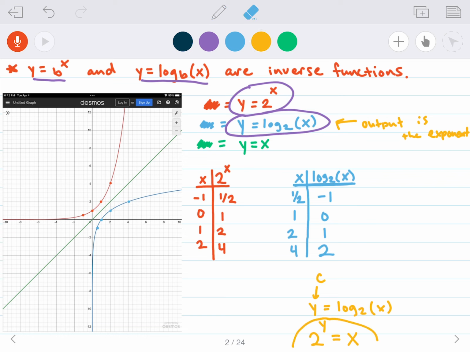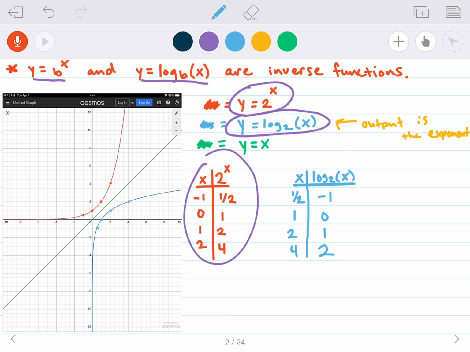All right, so let's look at a couple of ordered pairs on both of these graphs. If we consider the points where x is equal to -1, 0, 1, and 2, we input these x values in here.